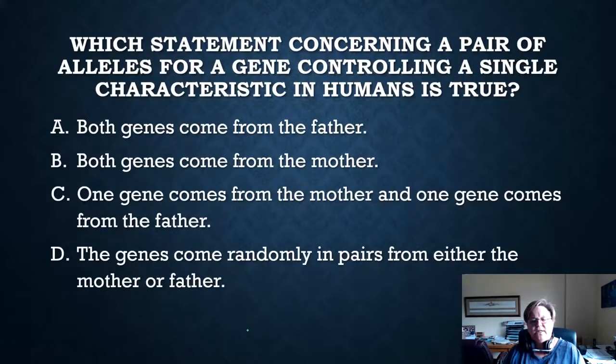So let's take a look at this question. Which statement concerning a pair of alleles for a gene controlling a single characteristic in humans is true? Both genes come from the father, both genes come from the mother, one gene comes from the mother and one comes from the father, or it's random.